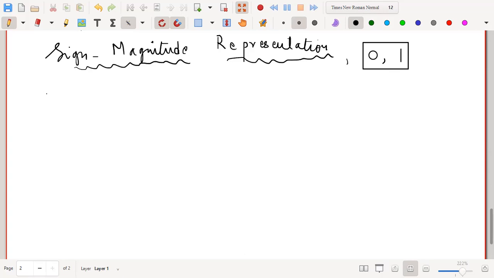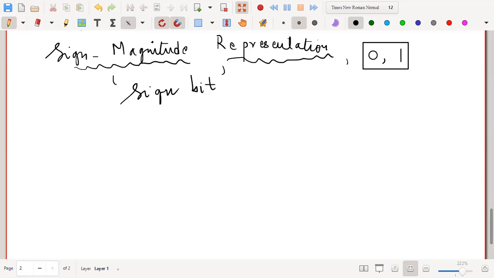Normally an additional bit is used. If you want to write the sign of a particular number, you have to use an additional bit as the sign bit to represent the number. This extra bit will represent the different signs.